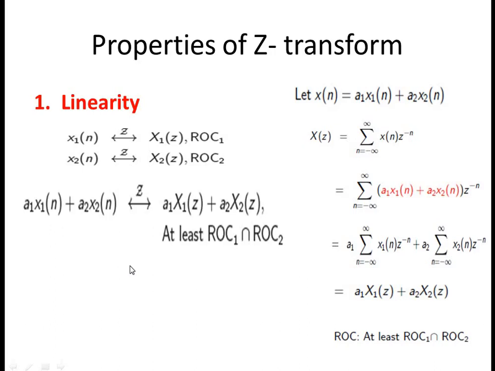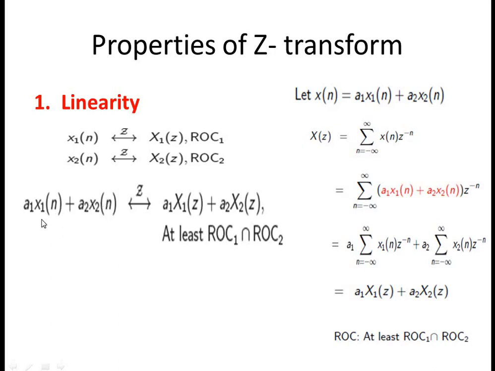So the very first thing is the linearity property. We all know linearity means that if you do any addition or multiplication on the input side, it should not affect the output side. So if you have two signals x1 of n and x2 of n, and you apply the Z transform, the outputs would be capital X1 of z and X2 of z.